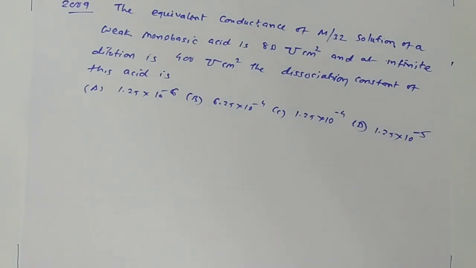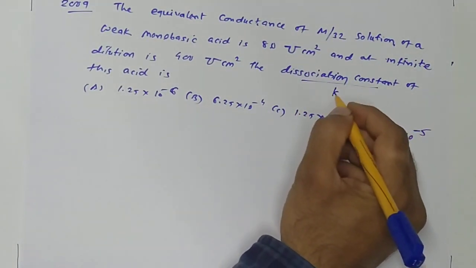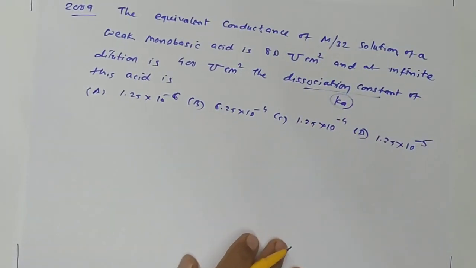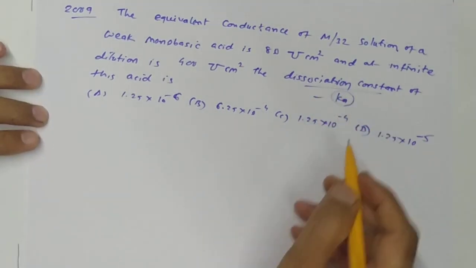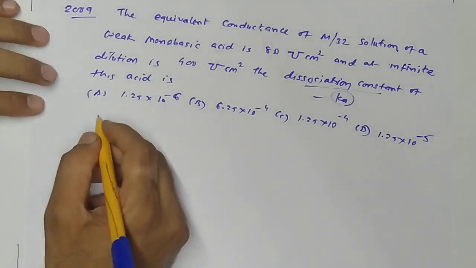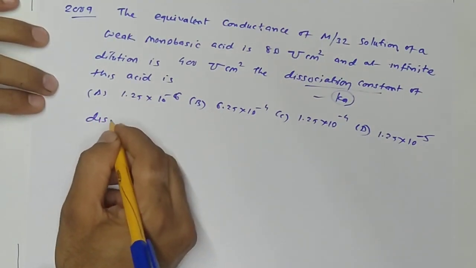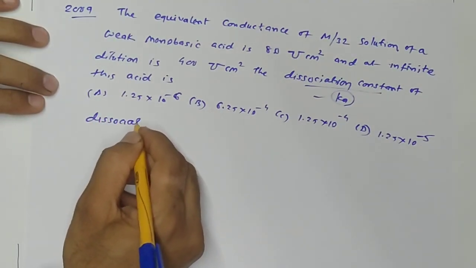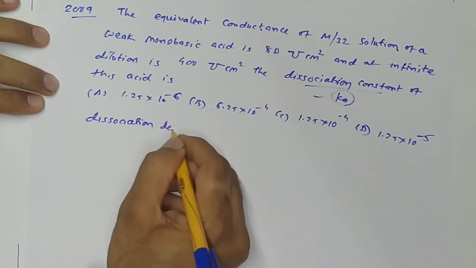Yes, we have to find the dissociation constant, that means Ka. First of all, to get Ka, we have to derive the value of alpha, the degree of dissociation, first.